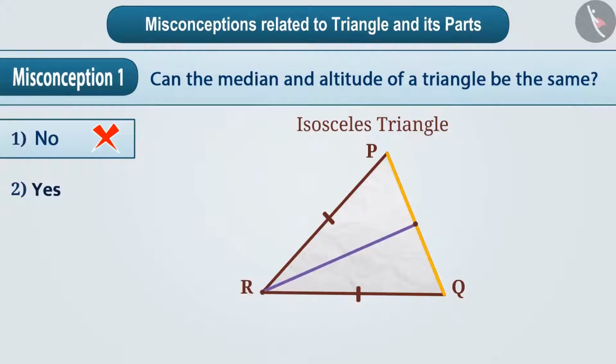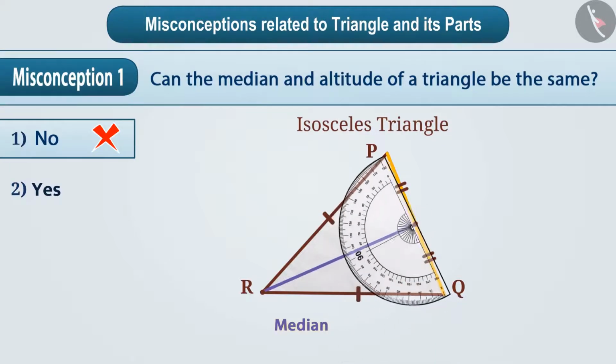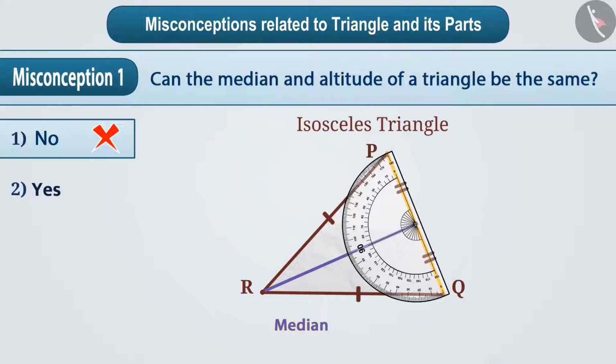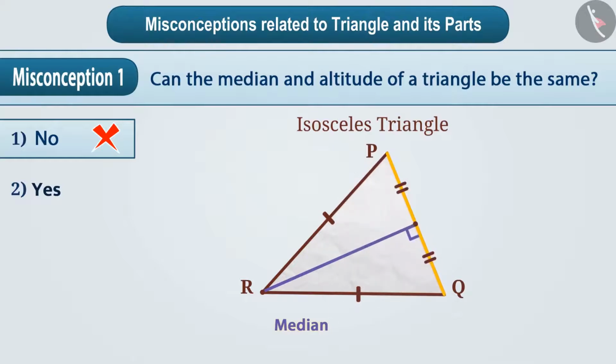The crease obtained is a line segment that divides the line PQ into two equal parts, so we can call it the median. If we place the protractor properly at the intersection of this line segment and the side PQ, then we know that this line segment makes an angle 90 degrees on PQ. Since this line segment is a perpendicular from the vertex R on its opposite side PQ, we can call it an altitude.